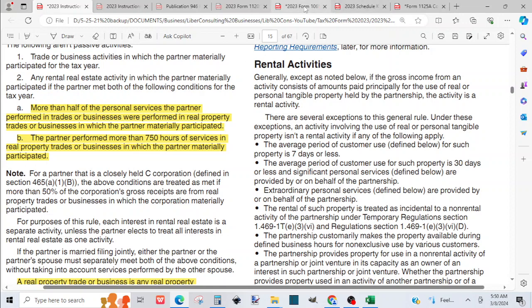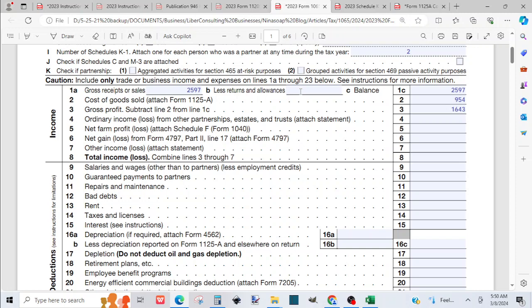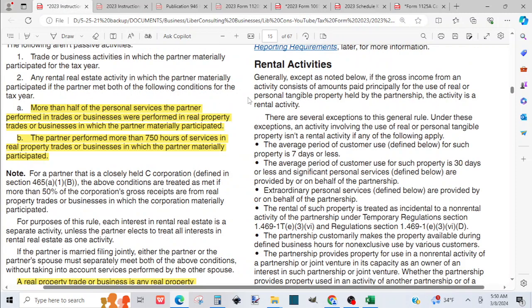But personally, I would prefer to just keep the rental property as a passive activity, since the IRS tries to consider that as a passive activity. They have more on rental activities here that you can read as well. But anyway, I think we are done explaining that.